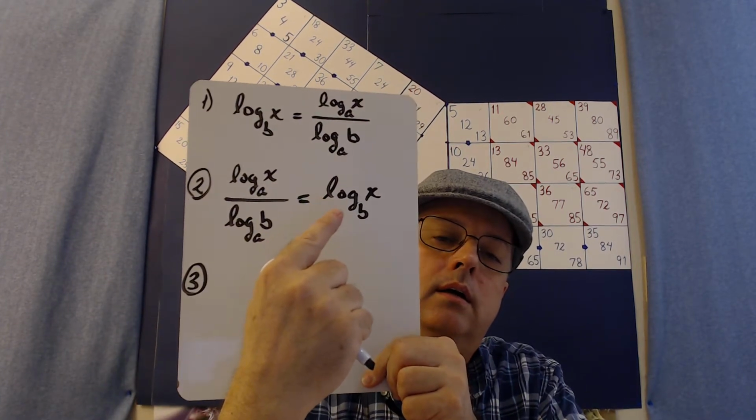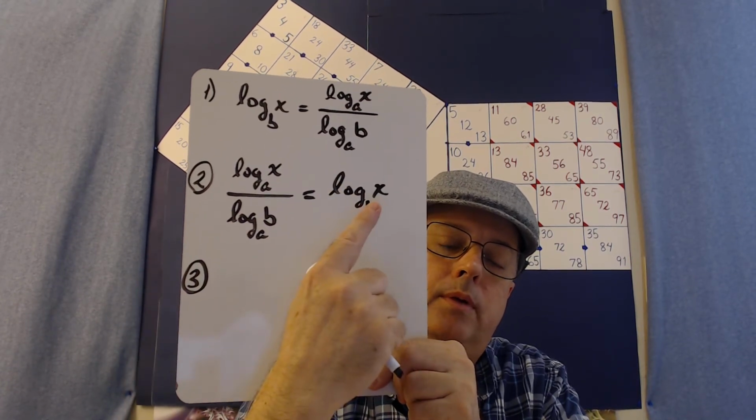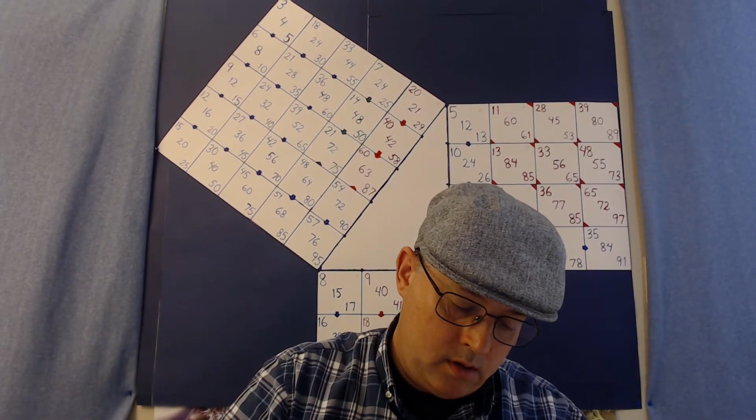Okay, so then let's do that with our logarithms here. So we can take this result here and put it in the denominator, and take this denominator and put it up there. We can switch them. So now we have log base a of x over log base b of x equals log base a of b.